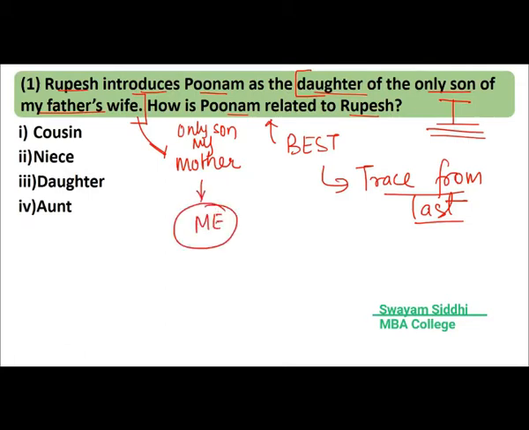So daughter of the only son is my daughter. That means Poonam is my daughter. Instead of me, we put Rupesh, so Poonam is Rupesh's daughter. How is Poonam related to Rupesh? Poonam is the daughter of Rupesh. So daughter is the answer.